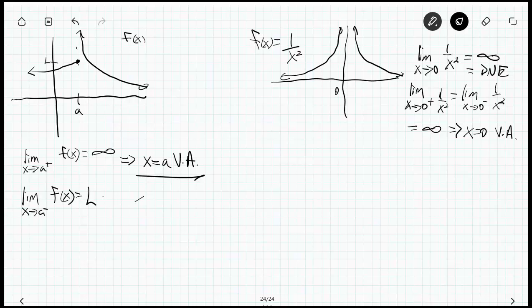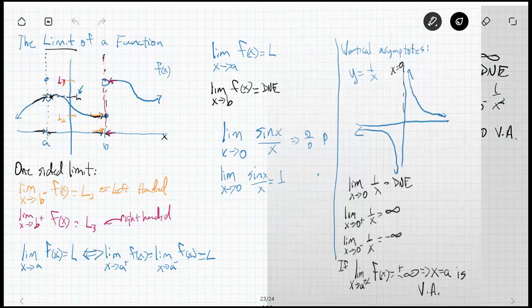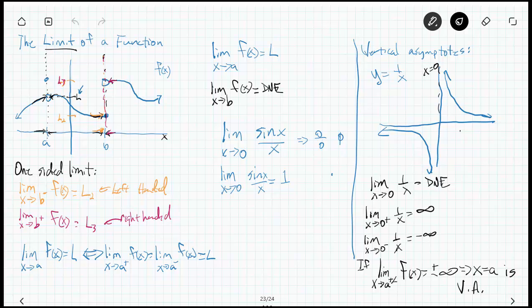However, if I go back to 1 over x and say that the limit as x approaches 0 of 1 over x is equal to infinity, I am wrong, because they don't go to the same infinities. The only thing that I can say about the limit as x approaches 0 of 1 over x in this case is that it does not exist.